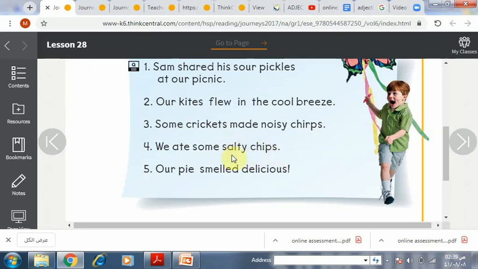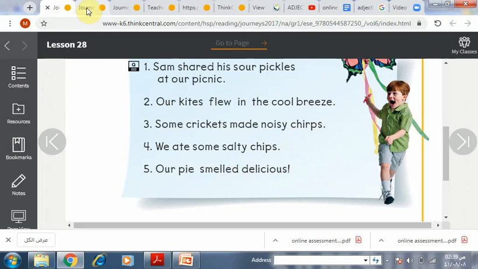So you can circle salty and write it here, right here, taste. Number 5. Our pie smelled delicious! Yes, the adjective is delicious. How does it smell like? It smells delicious. So you can write here smell.